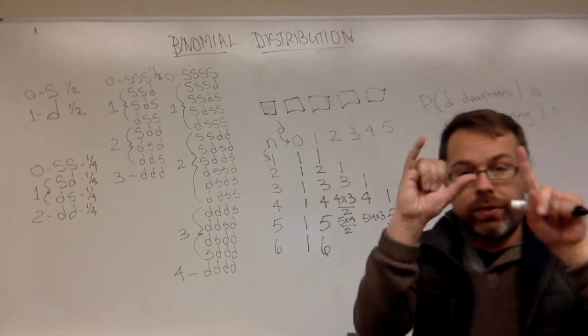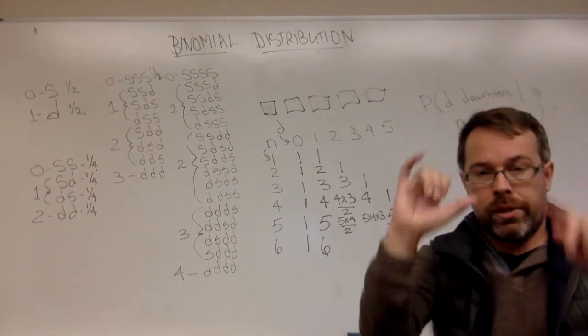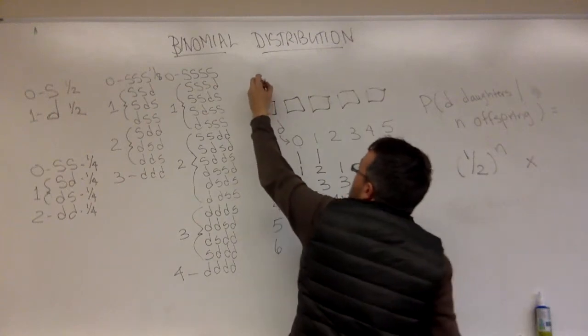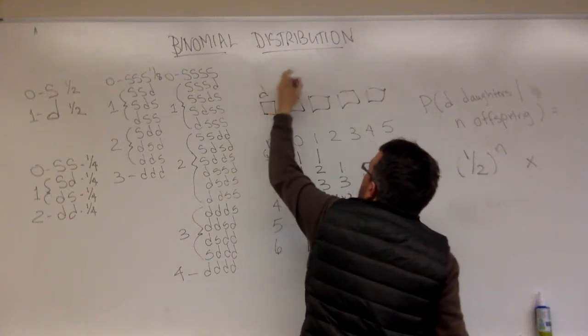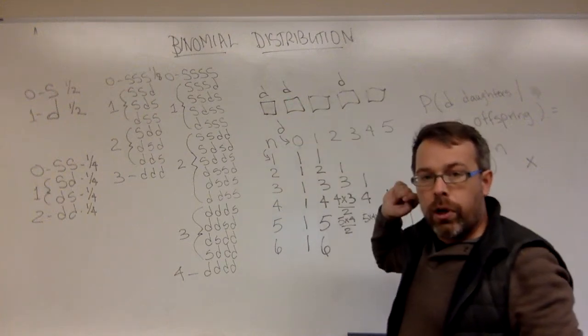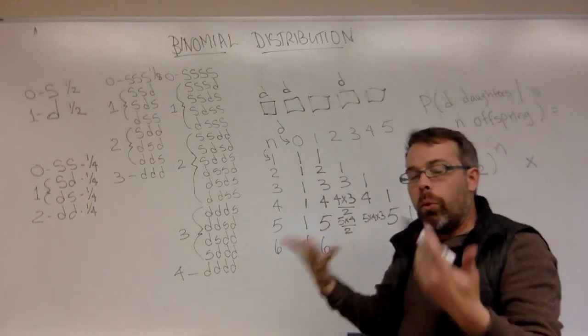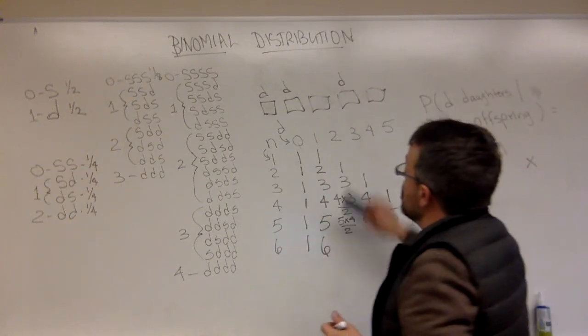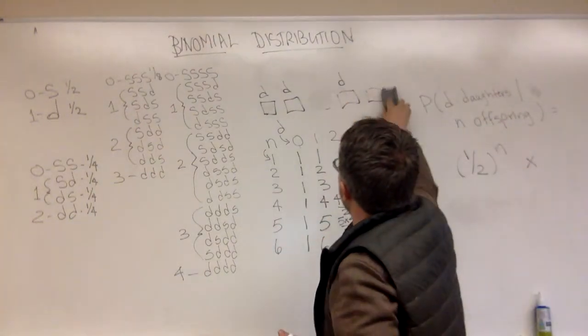But now we have to correct for the fact that we have all these different ways. So let's say that we have daughters in positions 1, 2, and 4, then how many different ways could we have gotten that? So we can write down those ways.